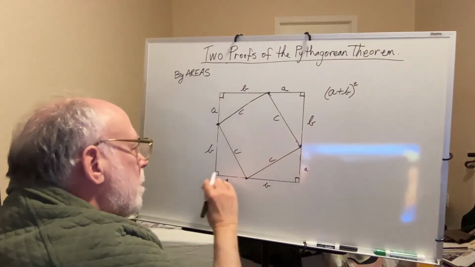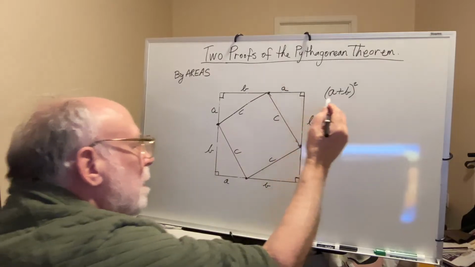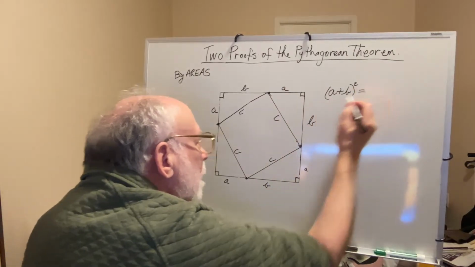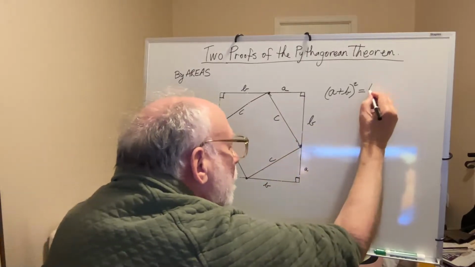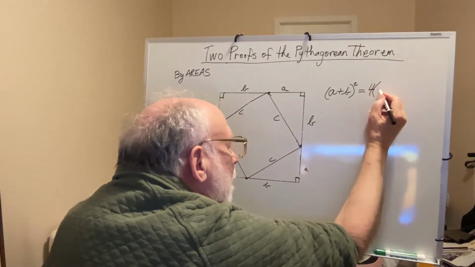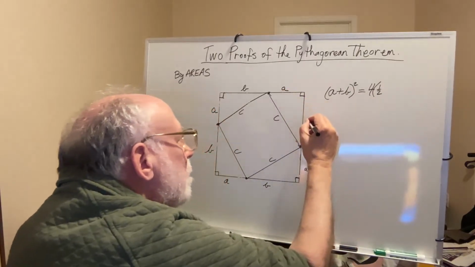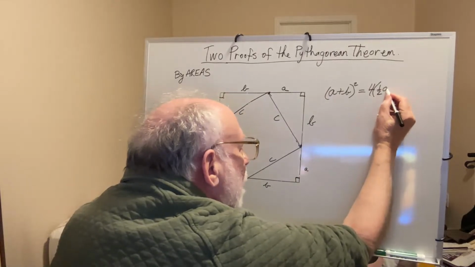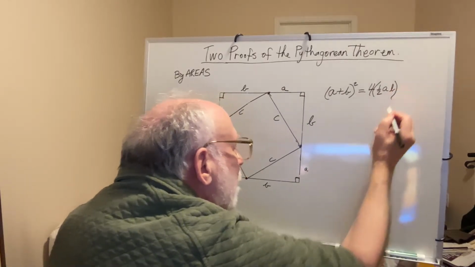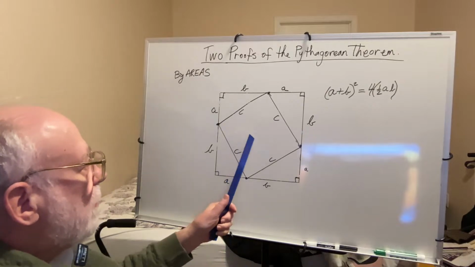The area of the square is the base times height. And the area of the 5 parts on the inside is 4 times the area of each right triangle. So there are 4 right triangles, and 1/2 AB is the area of each right triangle. But then what is this?